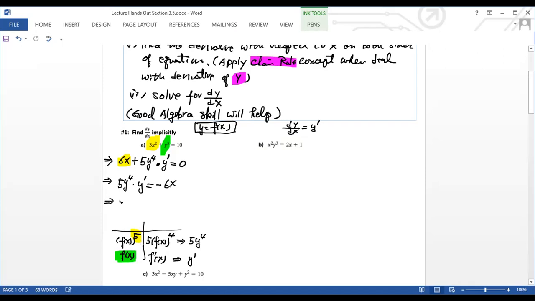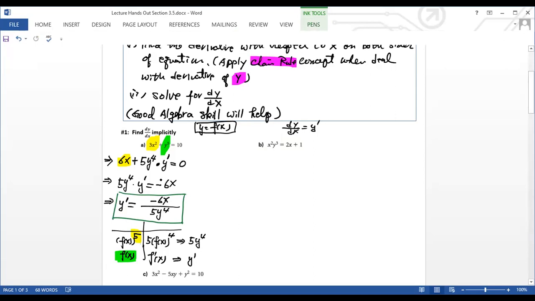Okay, so now my y prime will just be equal to negative 6x over 5y to the fourth. Because this is an implicit equation, your derivative is also going to have x and y's there. It's not only x as a function, right? So it's x and y's here.